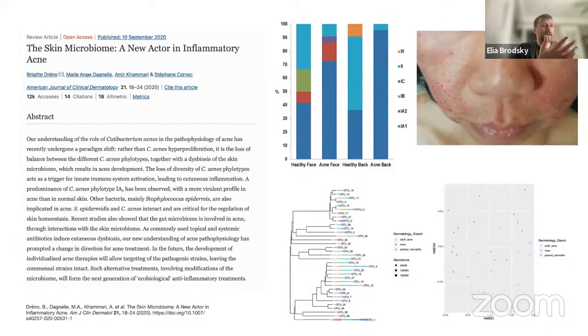And one of the examples here is an analysis of a paper and some publicly available data on the comparison between acne and perioral dermatitis, another very interesting application.